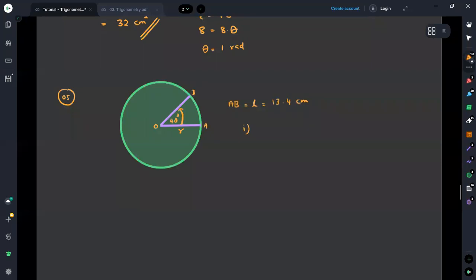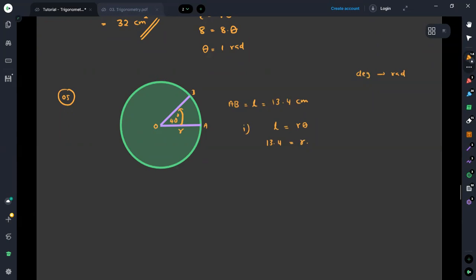In the first part, we can use the equation L equals r theta. L is 13.4, the value of r needs to be calculated, and now we need to find the value of theta. The value of theta is given, but it is in degrees. Then we need to convert the degree measure into radians first.